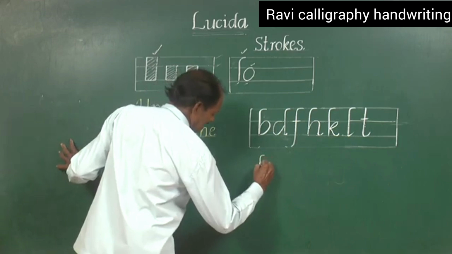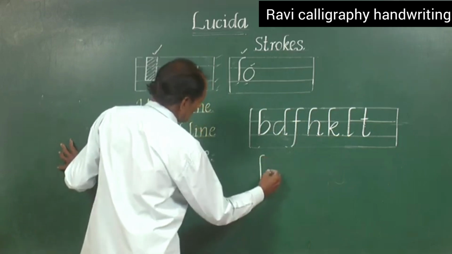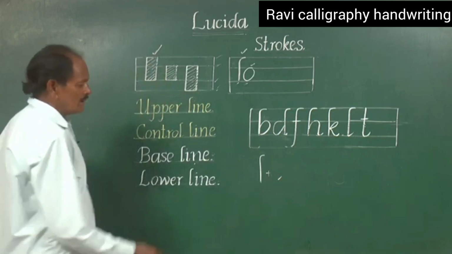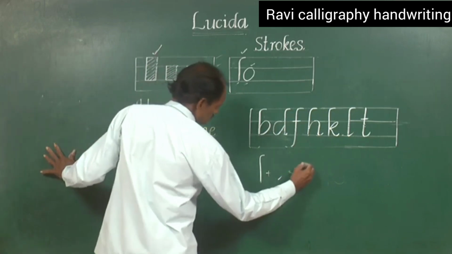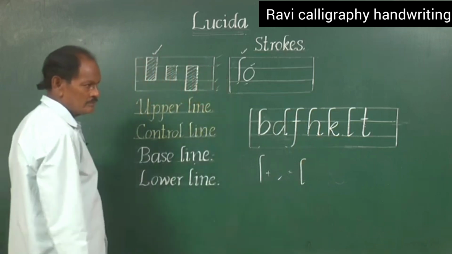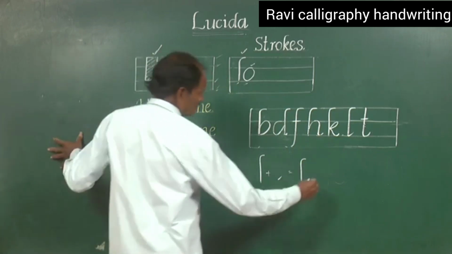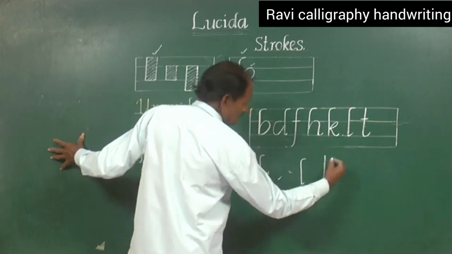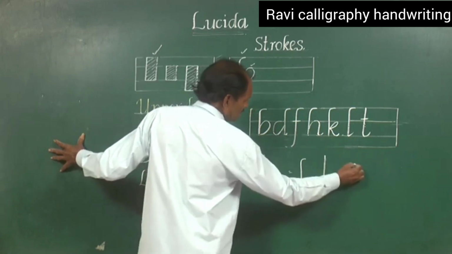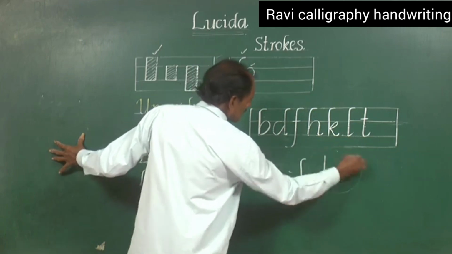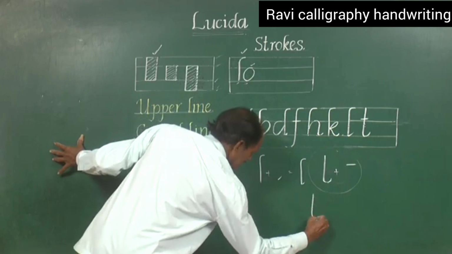The first one is the upper zone stroke and the second one is a small hyphen to the right side of the letter. If you join these two, it will become into L. And T also can be divided into two parts. This is the first part and this is the second part. If we join these two strokes, it will become into T like this.